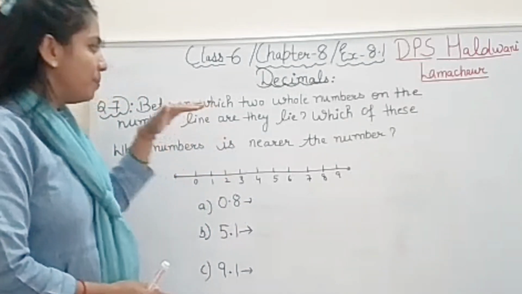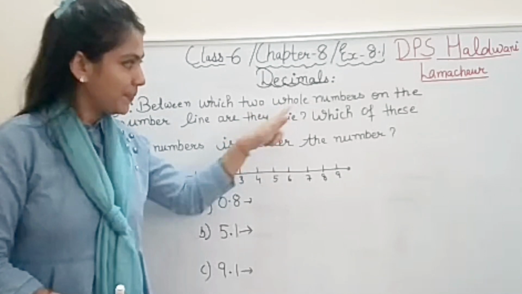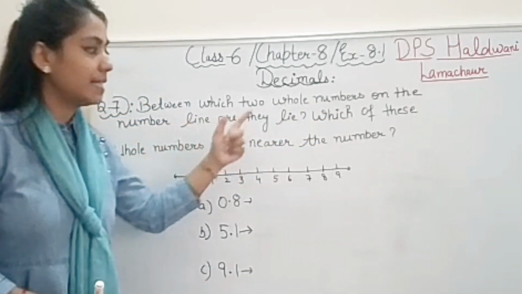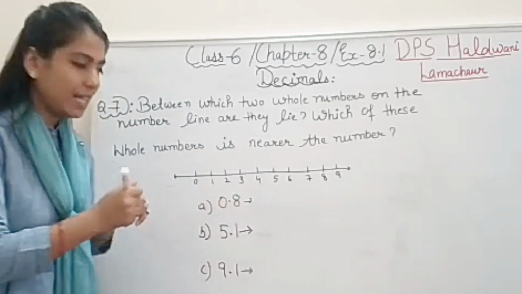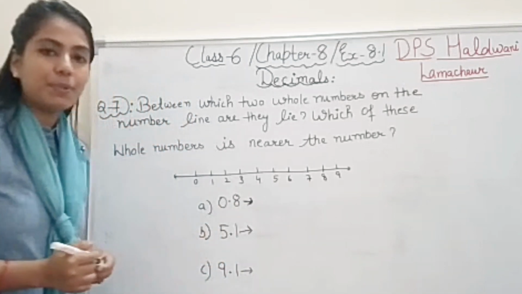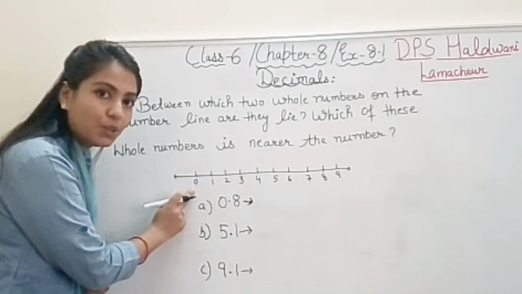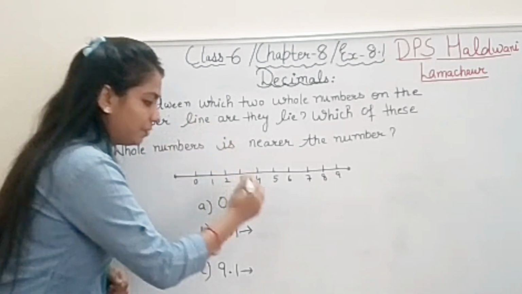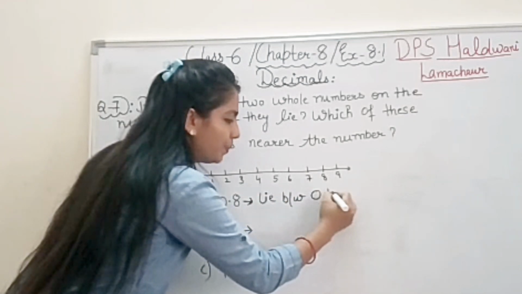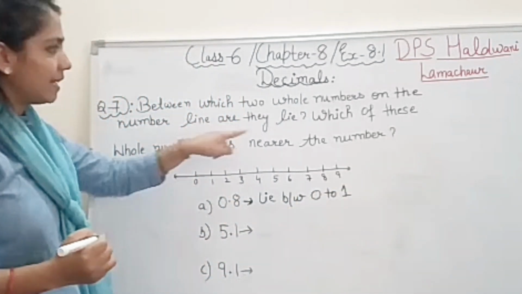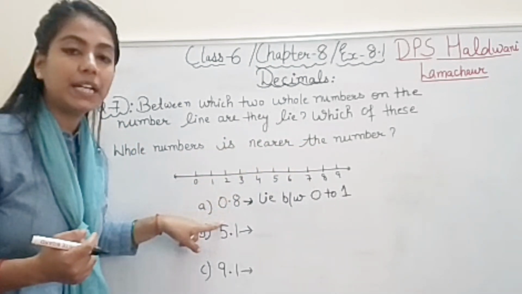Question number 7 we have: between which two whole numbers on a number line do they lie? Which of these whole numbers is nearer to the number? First of all, take A part, 0.8. This 0.8 lies between which two whole numbers? It is after 0 and before 1, so it lies between 0 and 1. Next, which whole number is nearer to 0.8?